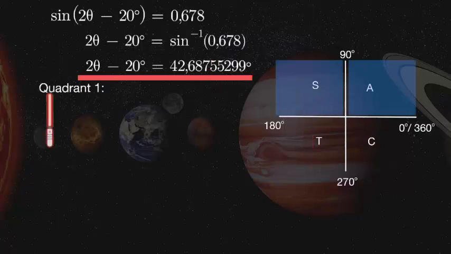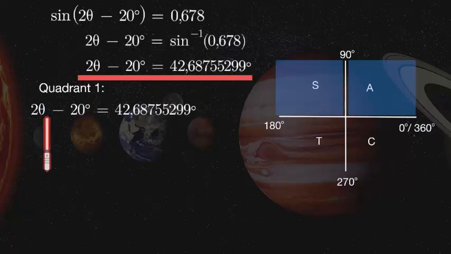So I'm going to start with quadrant 1 and we just solve for theta normally. So 2 theta minus 20 degrees is equal to 42,68755,299 degrees. Do not round this off at all, because we can only round off our final answers. That's a very important thing to remember.